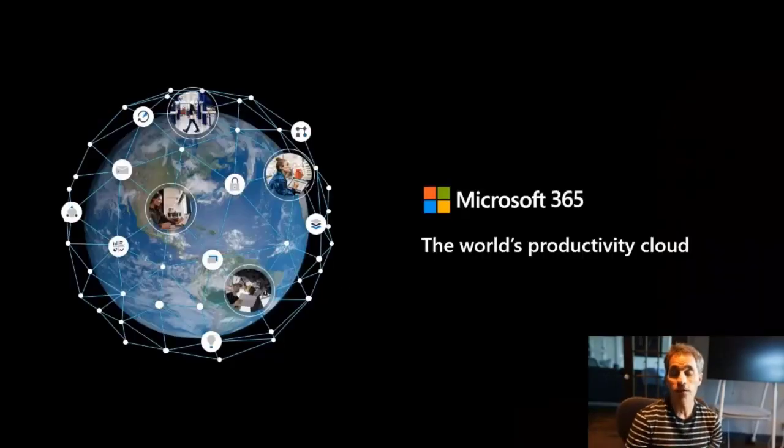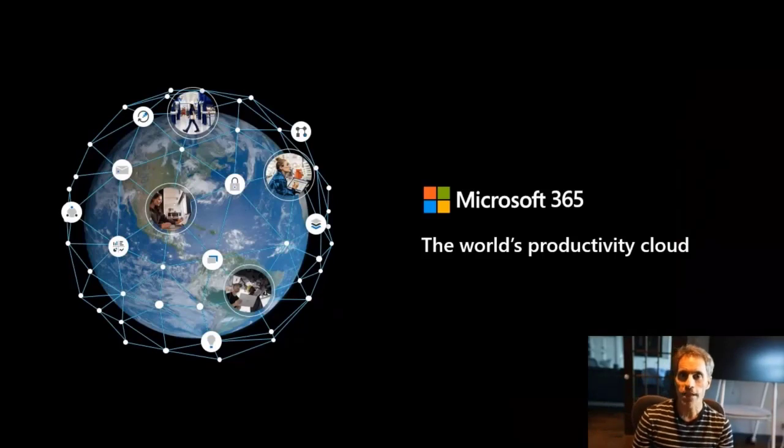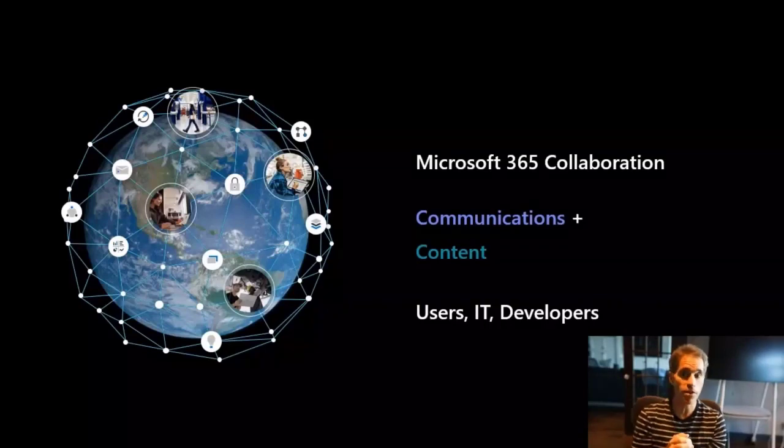So we're moving very quickly, obviously, and a lot of people ask me, how do you describe Office 365, Microsoft 365? Well, Satya talks about it as the world's productivity cloud. We're here to help people in organizations of all sizes around the world achieve more. And as leader of SharePoint and Teams, I'm trying to bring these together as a foundation for collaboration in Microsoft 365.